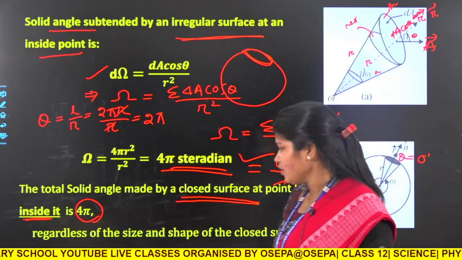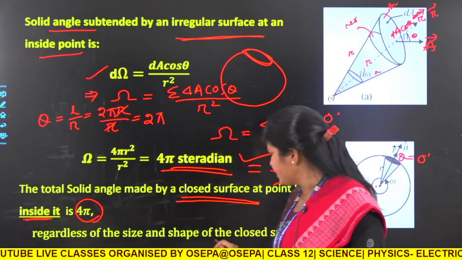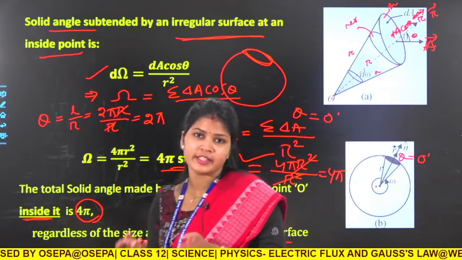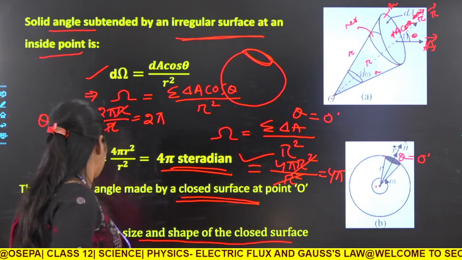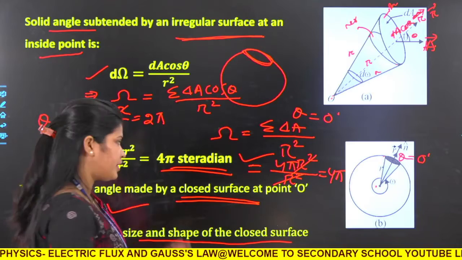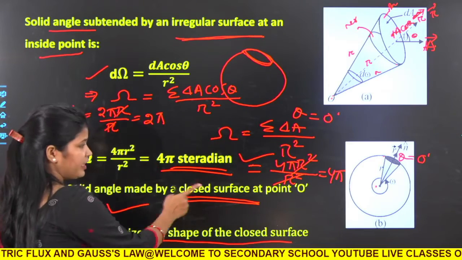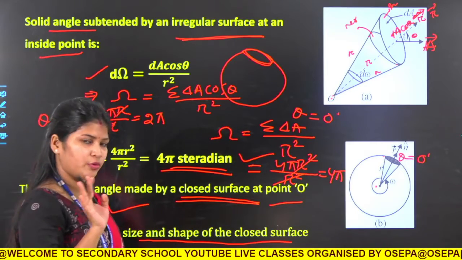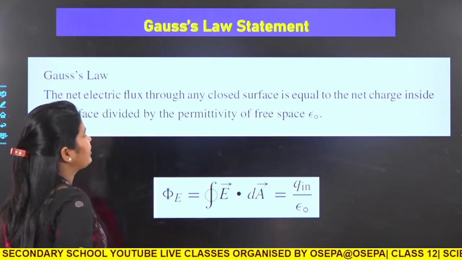Okay, regardless of the size and shape of this closed surface, whatever the size and shape of the closed surface may be, the solid angle will always be 4 pi steradian. That is only for a point inside, but for a point outside it is 0. Okay, we will see later.